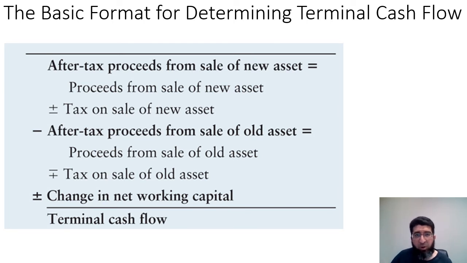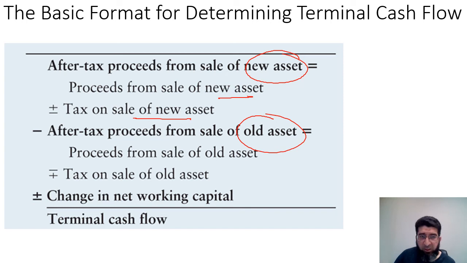So this is the basic format for determining terminal cash flow. After-tax proceeds from the sale of new assets: proceeds from sale of new assets plus or minus tax on sale of new asset. Similarly, the old asset we are going to sell, and then we look at the proceeds from sale of old assets plus or minus tax on sale of old assets.